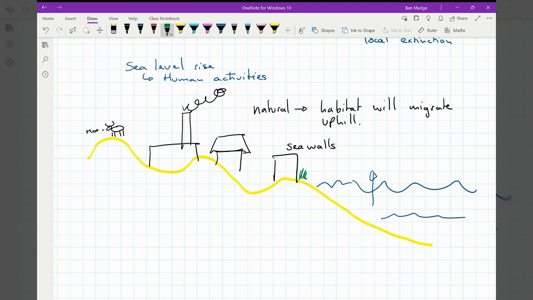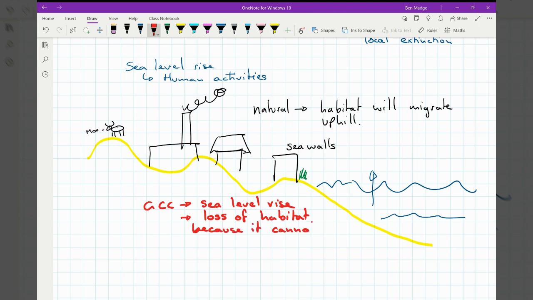Okay, so in global climate change, with sea level rise, you have a loss of habitat because it cannot migrate uphill due to sea defences.